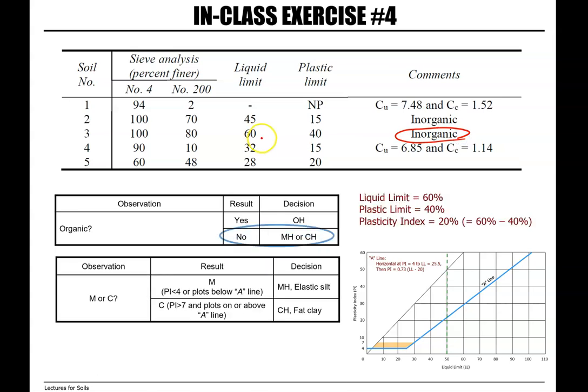And then we have liquid limit of 60%. PI, plasticity index 60 minus 40 gives us 20%. And our point is below A line.